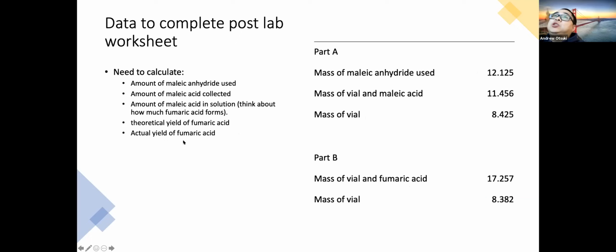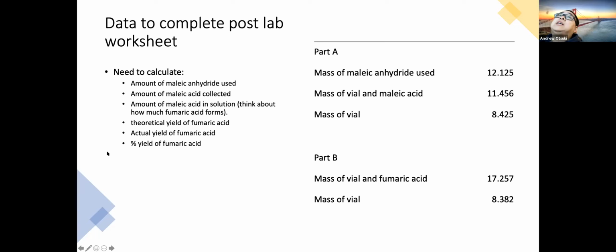Actual yield of fumaric acid is the mass you wrote down for the isolated fumaric acid, the stuff you weighed out at the end in the lab. The video will have a value for you, but don't use that. Use these values instead.